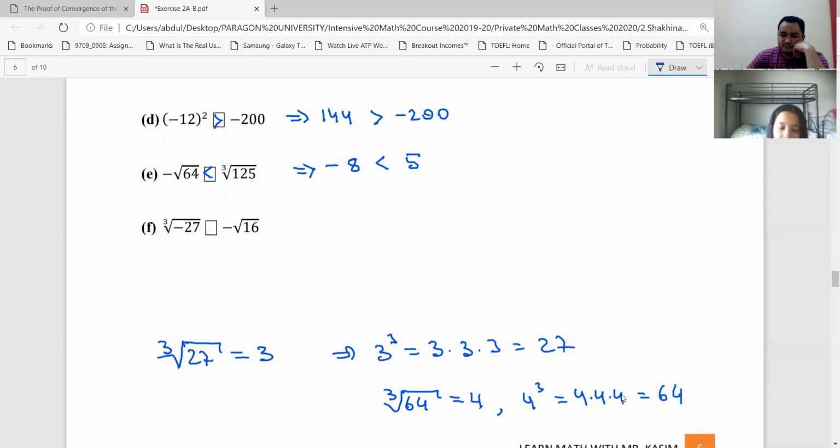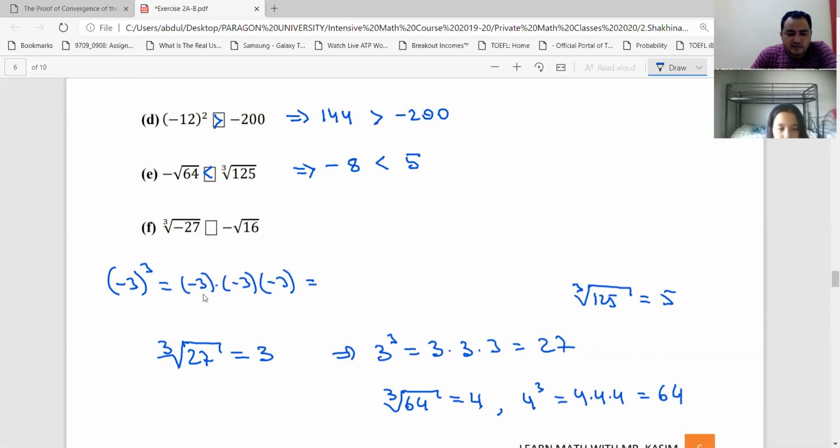Oh, yeah. So what is the cube root of 125? That is 5, because 5 times 5 times 5 equals 125. But here it is negative 27, right? So here negative 3 cubed: negative 3 times negative 3 times negative 3. Negative 3 times negative 3 is 9. 9 times negative 3 is negative 27. Then the cube root of negative 27 equals negative 3.